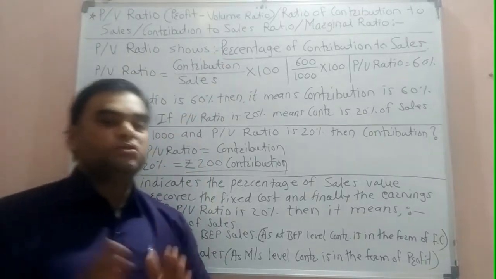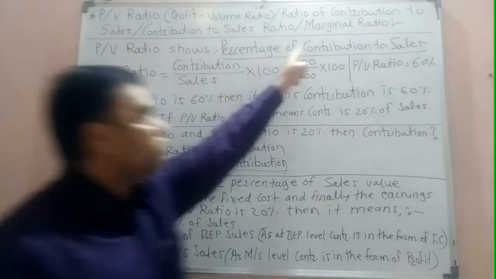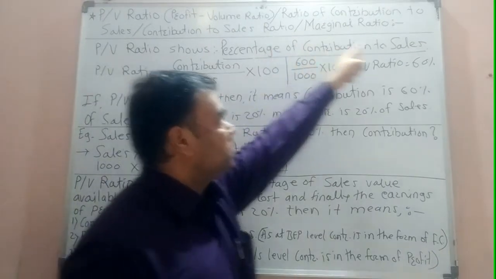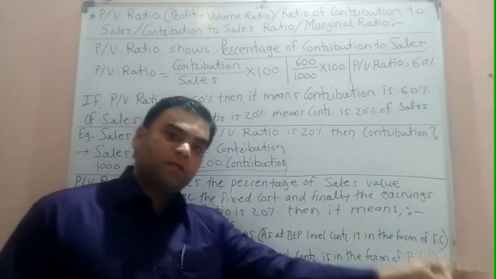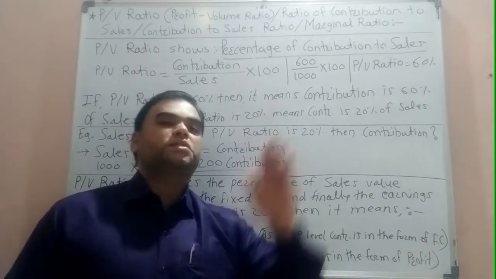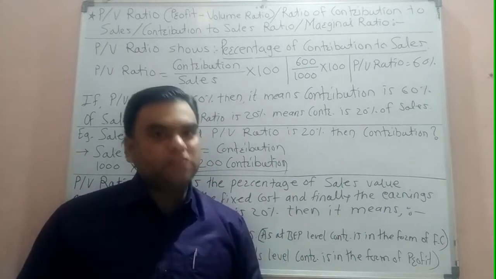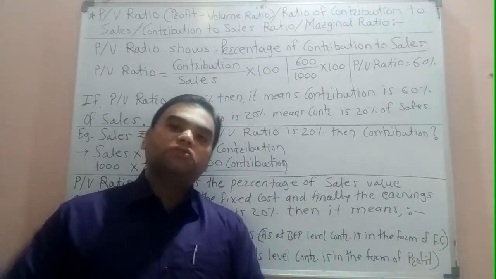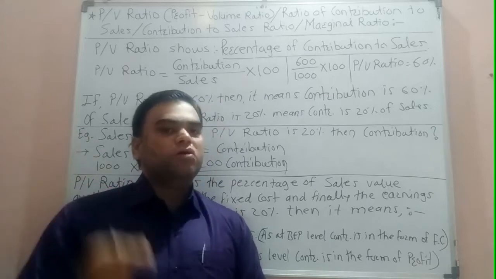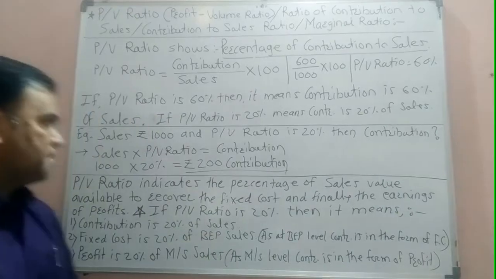And what does PV ratio tell us? It tells us the percentage of contribution to sales. If PV ratio is 60%, contribution is 60% of sales. If PV ratio is 10%, contribution is 10% of sales. If our PV ratio is 90%, our contribution is 90% of sales.